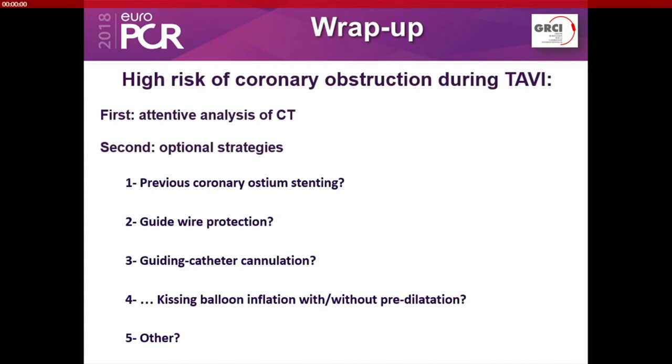We discussed a few of them, like stenting of the ostium of the left main, guide wire protection, catheter cannulation. We can discuss not kissing balloon, but kissing stent inflation with or without predilatation. Other issues can be discussed, but the main thing is we have to really read the CT scan. It's very important. Thank you for your attention.